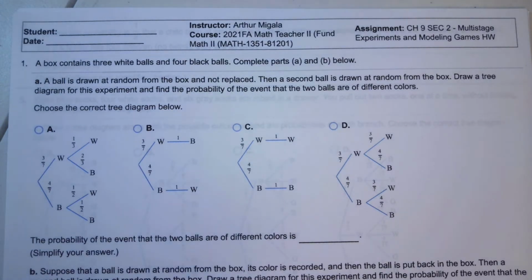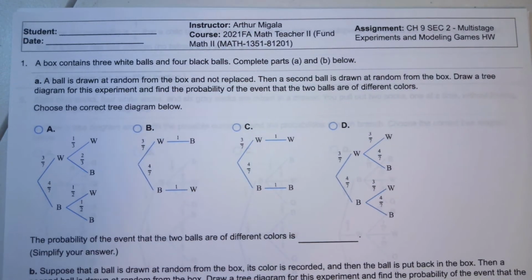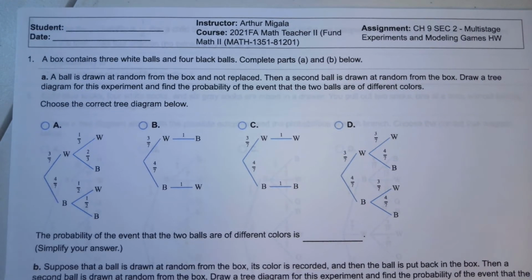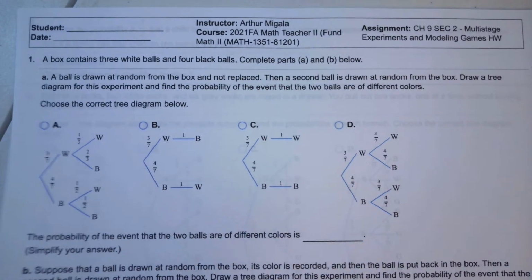Remember, without replacement changes the number of balls in that group and the number of balls left inside the basket, so we have to take that into consideration. Then a second ball is drawn at random from the box. Draw a tree diagram for the experiment and find the probability of the event.